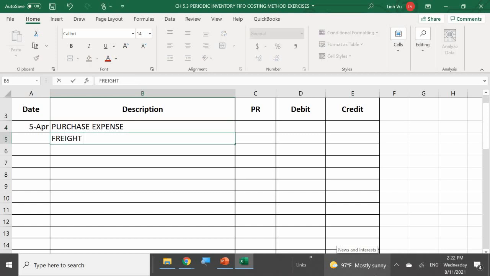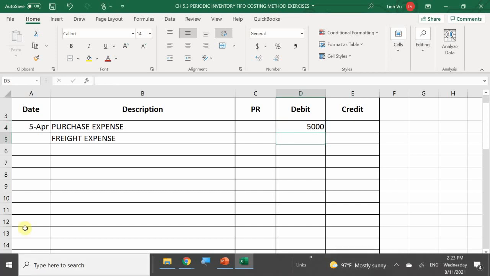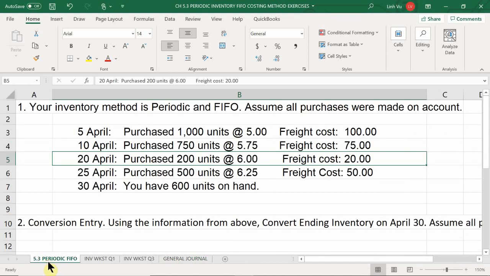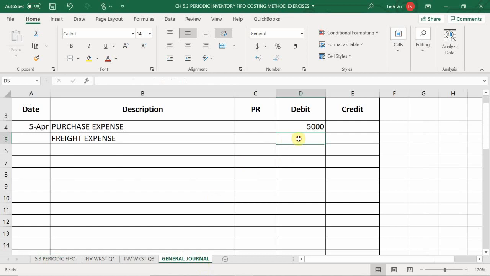Good. So if I purchase 1,000 units at $5 each, what is my total purchase expense? 5,000. Good. What was my freight? It was $100. So in this case, $100.